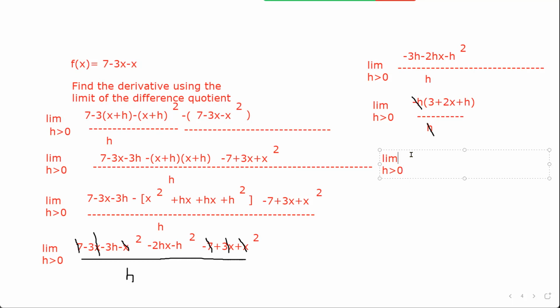Now we still have a negative, remember? So this is like -1, which I'll go ahead and write just for the sake of clarity. -1 times 3 plus 2x plus h.